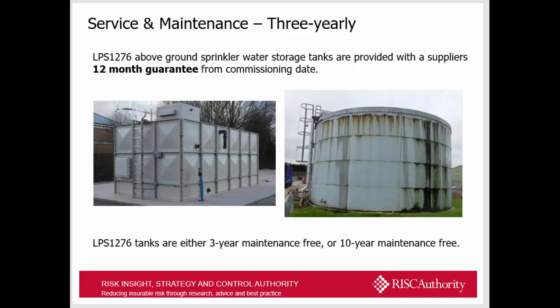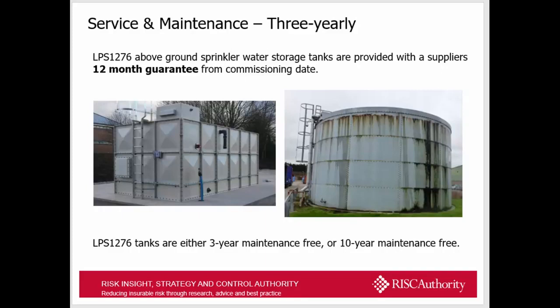Also 3 yearly, there are 2 different types of sprinkler tanks that are approved as an above ground sprinkler water storage tank, and they are either 3-year maintenance free or 10-year maintenance free. So please do not get confused, as some people do, that a 3-year tank is a 3-year guarantee, and likewise for a 10-year tank.